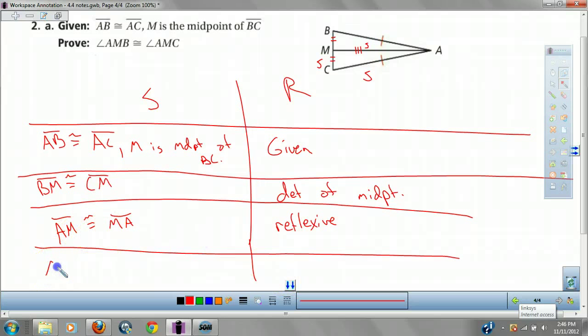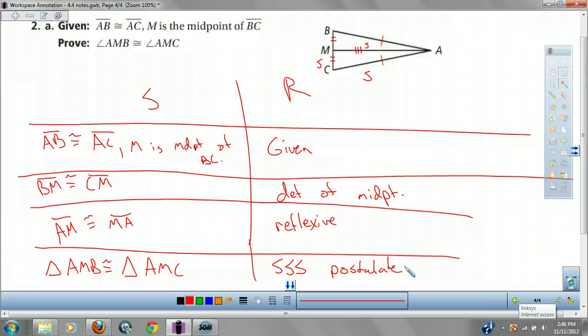So I can say triangle AMB is congruent to triangle AMC, American Movie Classics, by the side, side, side postulate. Now, since these two triangles are congruent, I can say all the corresponding parts are also congruent.